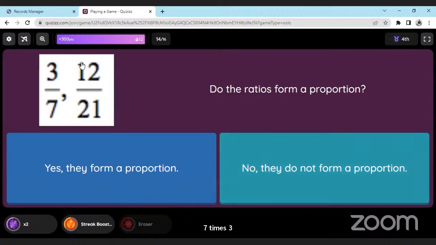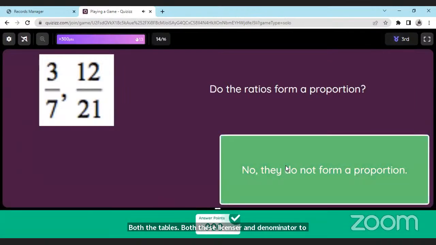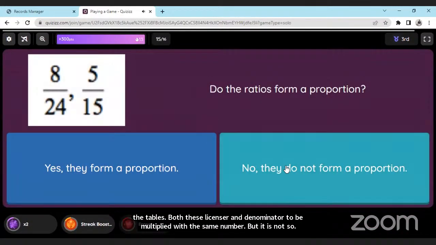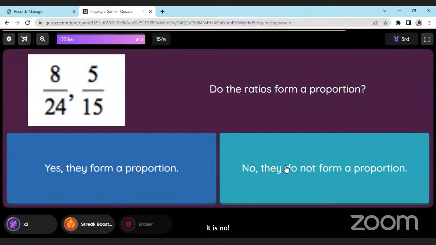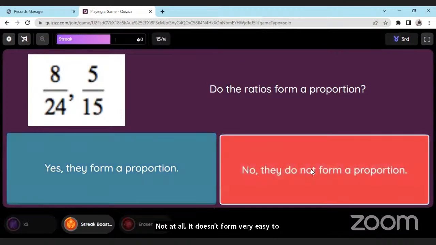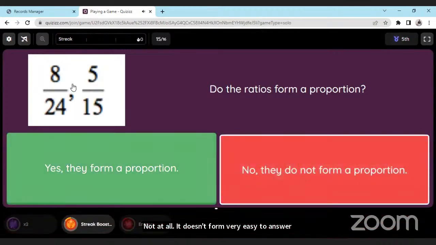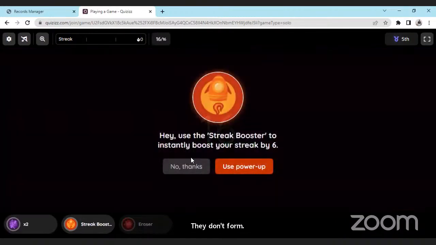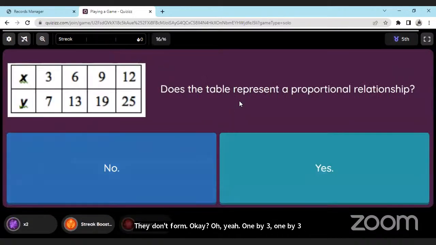I should have got 9 here. I'm getting 12. That means 3 times 4. Both the numerator and denominator should be multiplied with the same number, but it is not. So it is no. They don't form. Oh yes, 1 by 3, 1 by 3. Yes, they form.